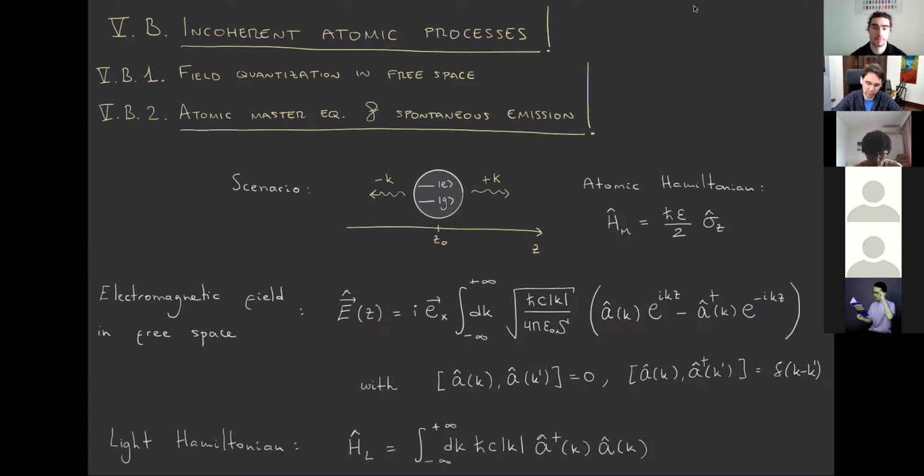Then what we saw is that we can make a model of the whole universe, the atom and the environment, that is a free electromagnetic field. We have our two-level atom with this Hamiltonian, then our electromagnetic field with this Hamiltonian, with energy h bar omega for each of the oscillators with wave vector k.